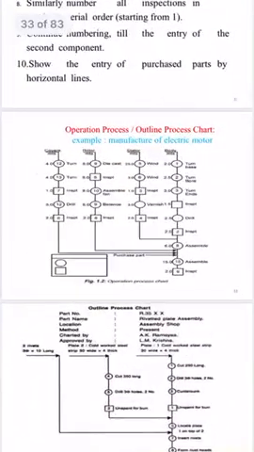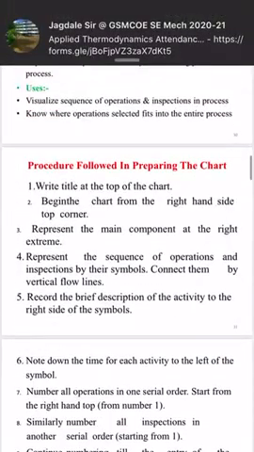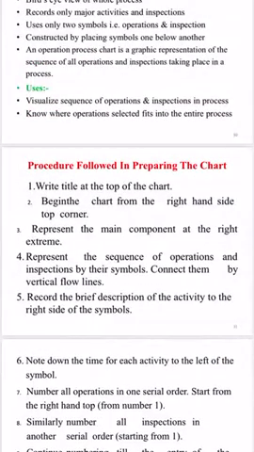Here there are only two things we need to record. The first one is what? The activities related to operation and the activities related to inspection. We need to put the activities related to operations on the right-hand side corner at the top, and these activities are followed by the inspection activities.